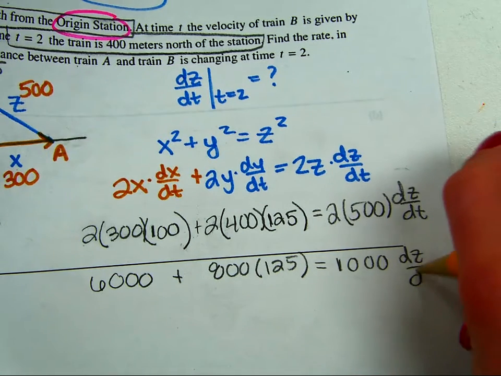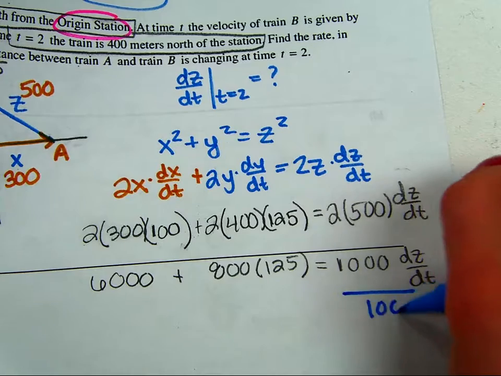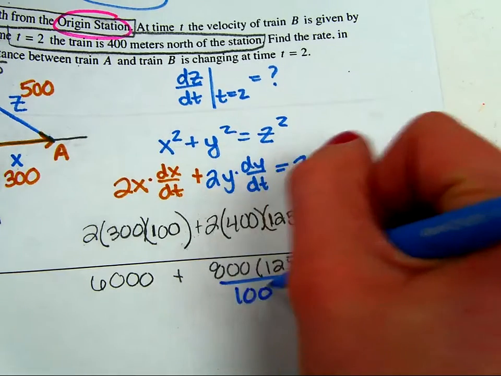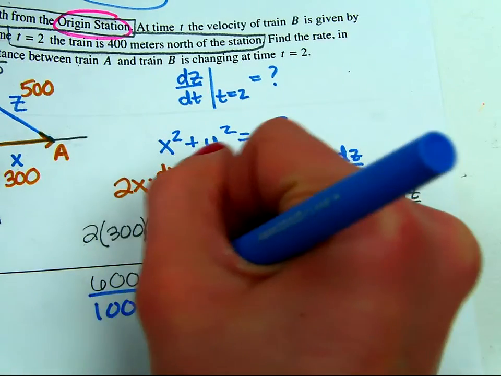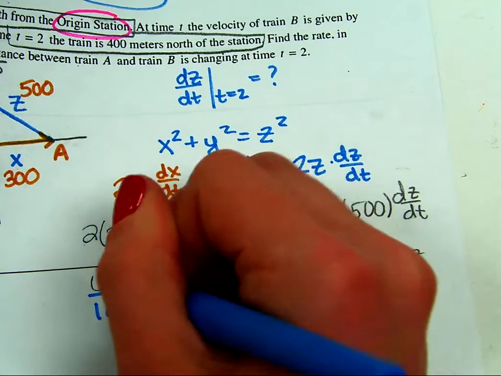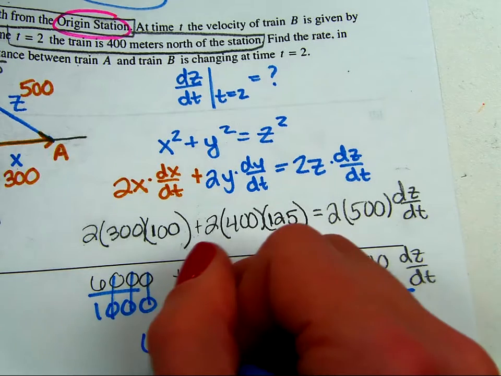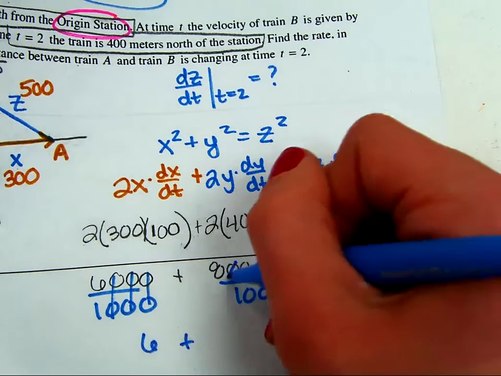dz dt by itself, so we could probably divide everything by 1,000 at this point. That might help us out a lot to make these numbers a little bit easier to deal with. So I think those cancel. All right, we get 6 plus over here, these zeros cancel.